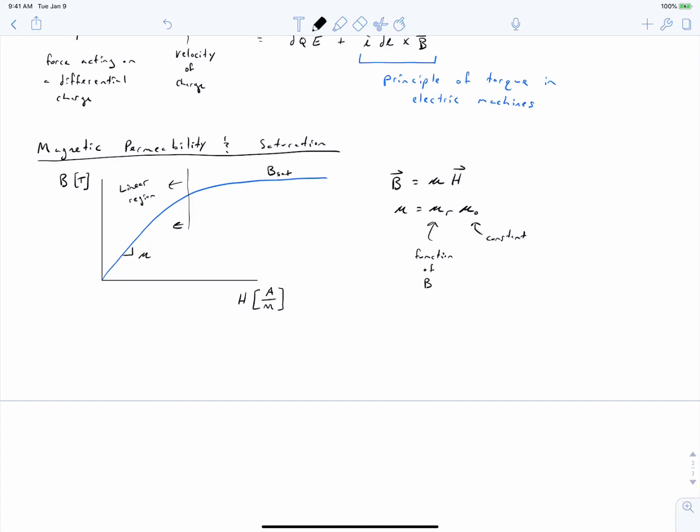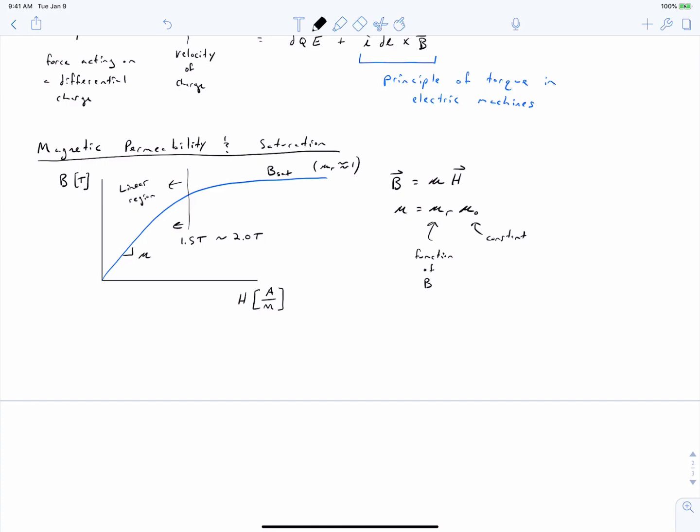That's the maximum flux that it is able to carry before it starts to look like air, in which case mu r approaches 1. The point that it becomes saturated depends on the type of steel. This can be somewhere in the range of 1.5 Tesla to approximately 2 Tesla. Higher saturation levels are possible with iron cobalt alloys. For traditional silicon steel, you're down around 1.5, 1.75 Tesla.